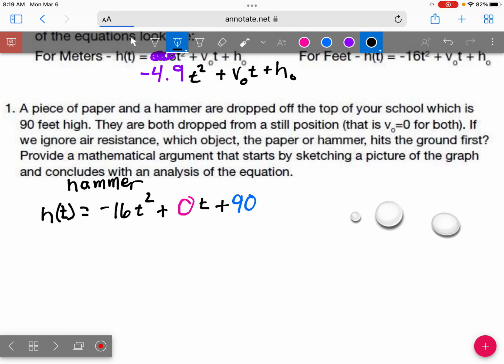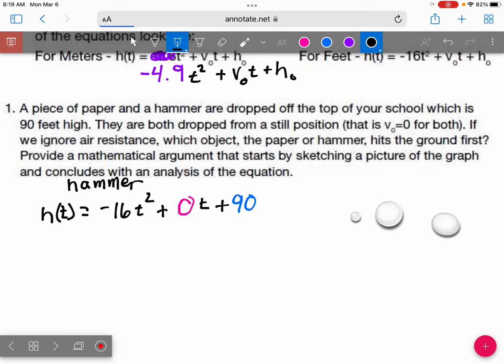How fast is my paper going at the start? 0, because I'm not throwing it. 0t plus, how high is it? What's my h naught? 90. They start from the same place. So again, we can simplify this: negative 16t squared plus 90.